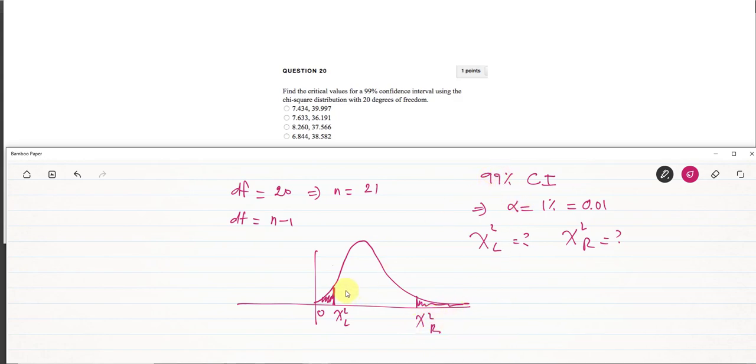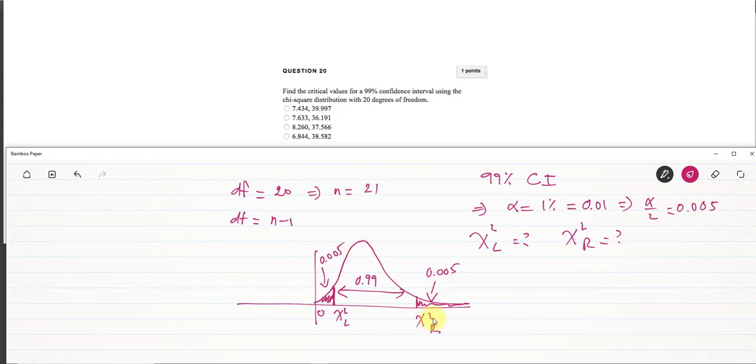And 99% means the entire middle region, 0.99. And therefore 0.01 is the area of these two tails. And if you divide by 2, 0.01 divided by 2 is 0.005. And this is the area here, and also the area here.